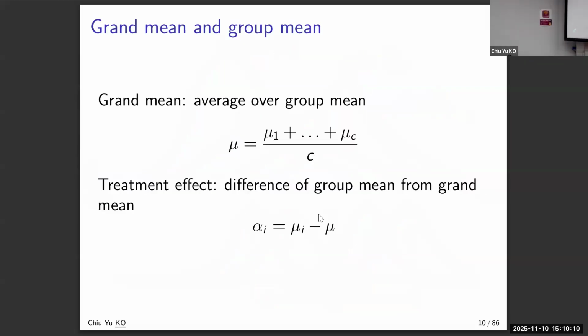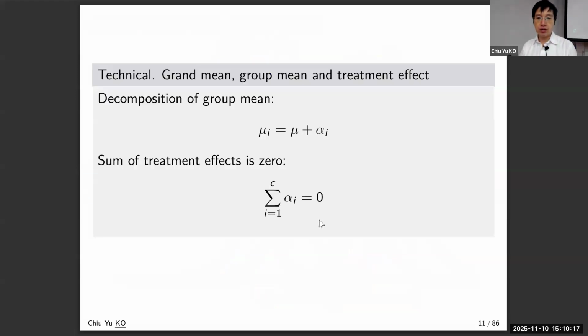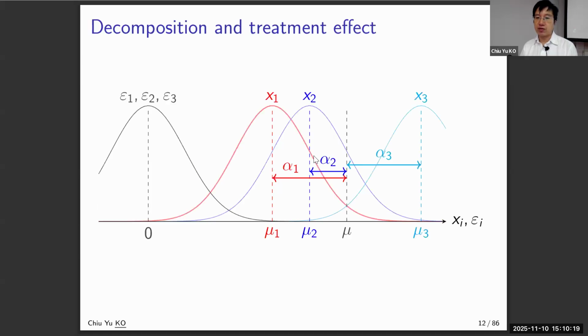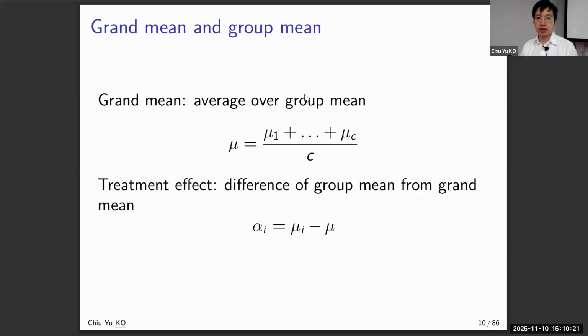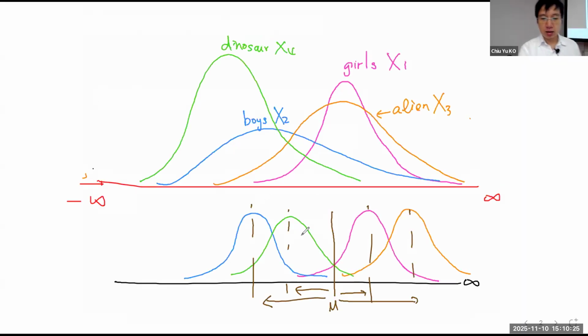And here we define alpha i as the treatment effect. It's mu i minus mu, right? I have a table here already, so I don't need to draw it, but let me do this diagram as well. This is alpha, the alphas.